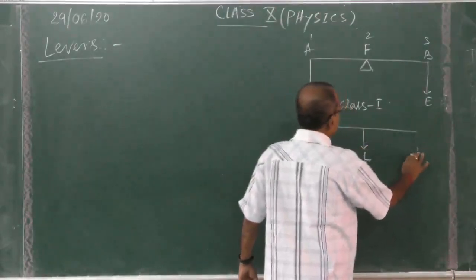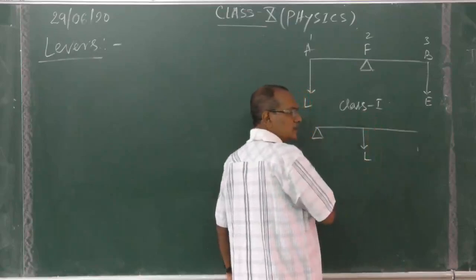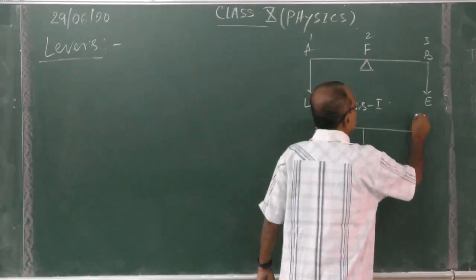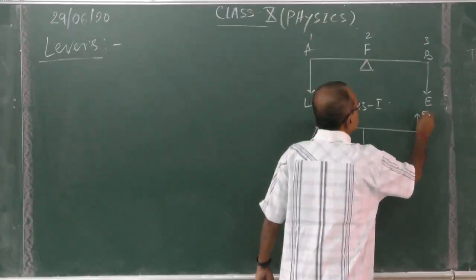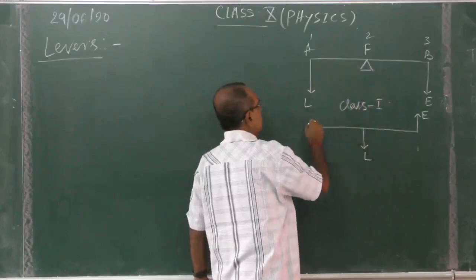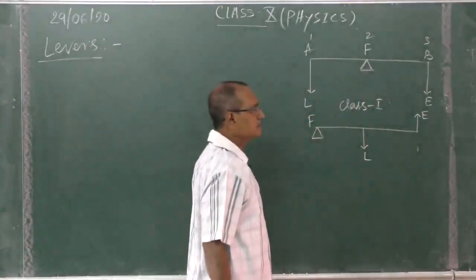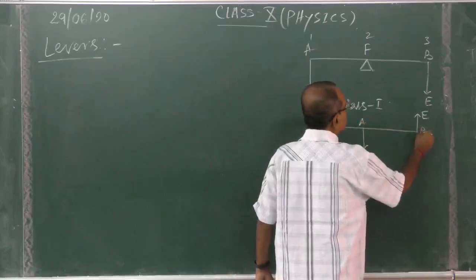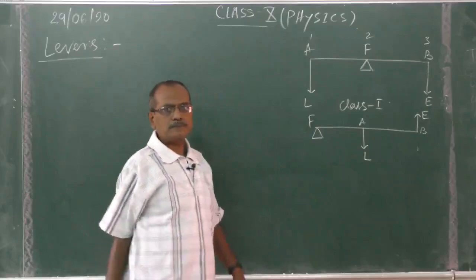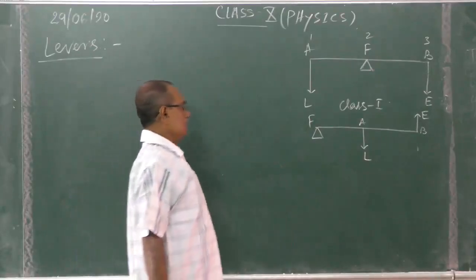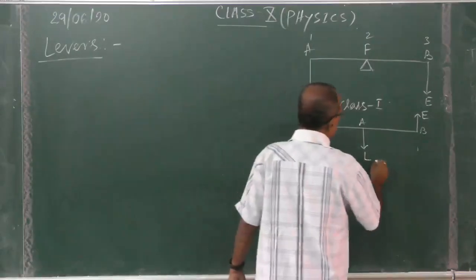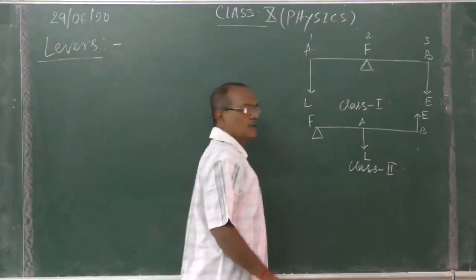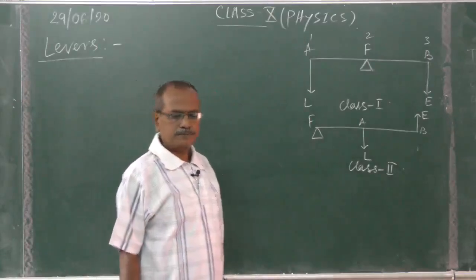Now effort, because load is producing a clockwise moment, therefore effort will produce the opposite moment, that is an anti-clockwise moment, this way. So this is the fulcrum. Load is at A, this one is at B. So this is a class 2 lever.